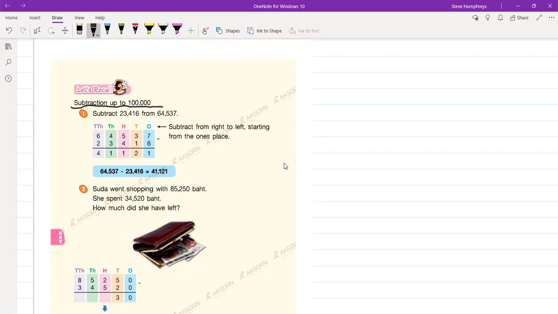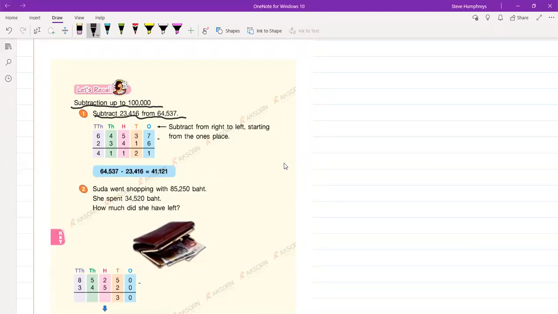Okay, first one, it says subtract 23,416 from 64,537. Okay, let's do that. See how we are at subtraction.